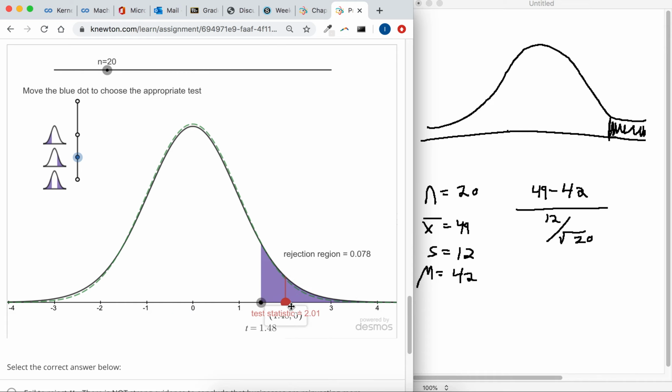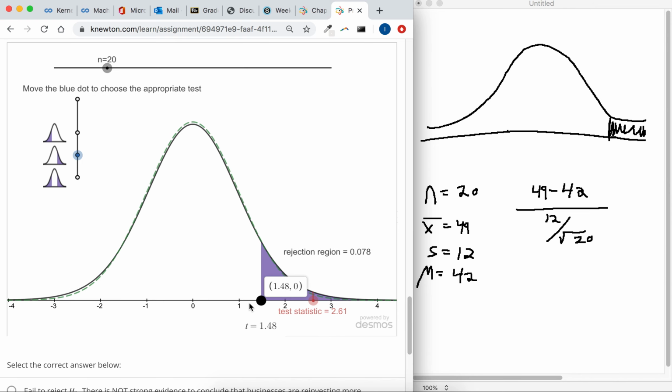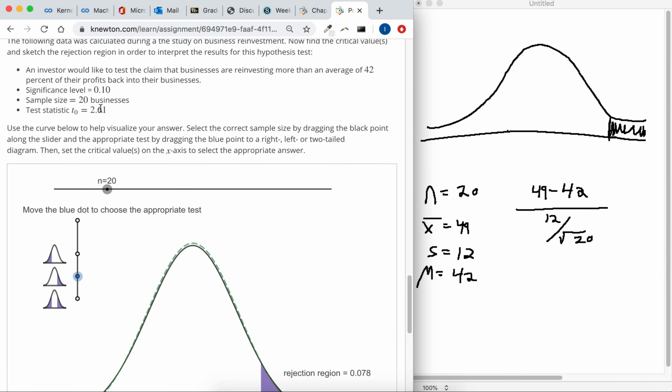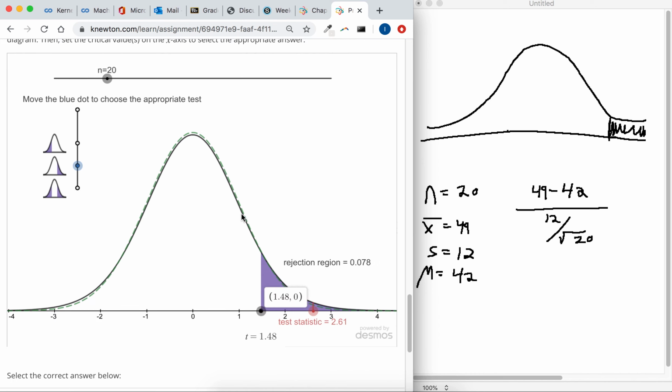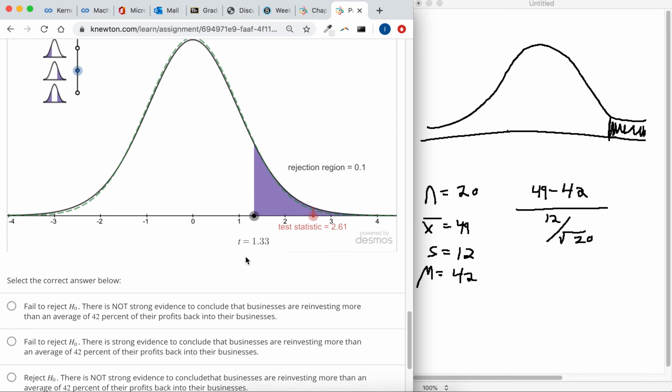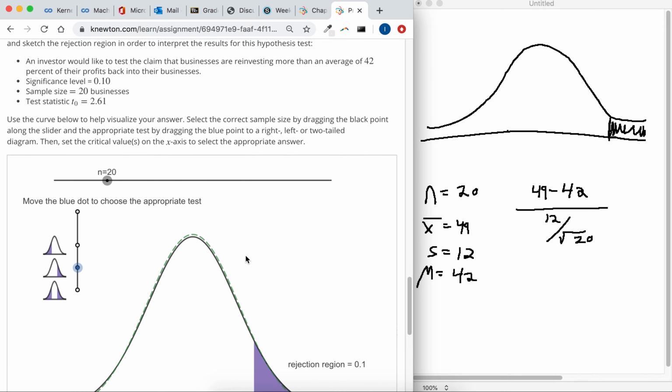I'm sorry. Our test statistic is the red one, 2.61. There we go. And then this is the critical value. That makes more sense. If we have a significance level of 0.10, then the rejection region should be 0.10. That's good right there. Okay, so that's what the information looks like.